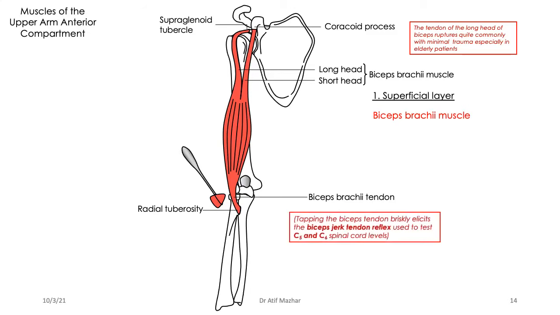So when you tap it here, you can see the contractility, and you are basically observing the spinal cord level. When we are suspecting some nerve injury, we do this test. And what are we hunting? C5 and C6 level of the spinal cord. Is it fine? If somebody has a problem, we can just check this activity. This is important, guys. We love to ask it. So mark it down. You can see that in a red box.